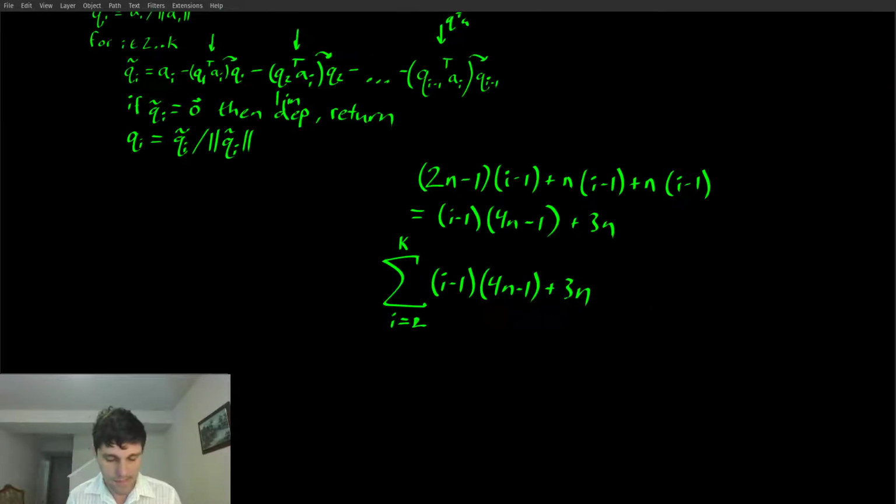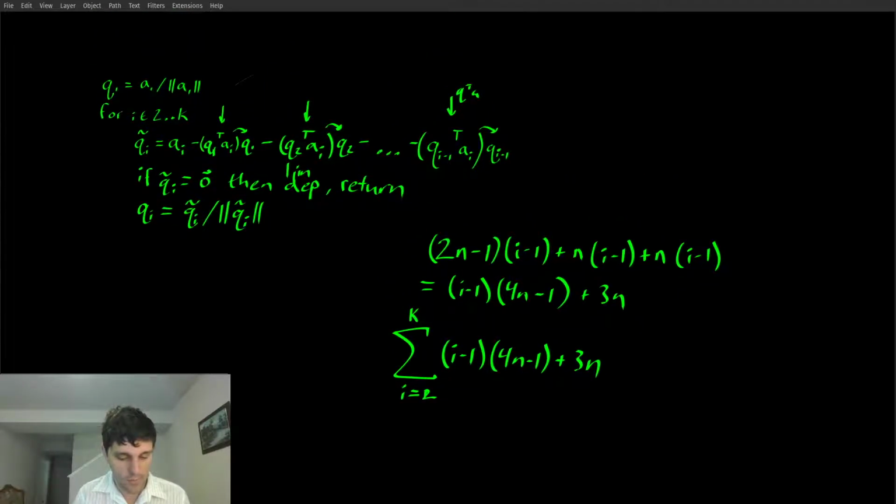But thinking about it, maybe we don't have to worry about this. Actually, it fits quite nicely, because if I start from i equals 1 instead of i equals 2, then at the i equals 1 term, i minus 1 is 0 anyway, so we don't do this work, which is true, we don't. But that 3n for doing the normalization, we do. So this sum is going to include that first one also. It's going to get all the normalizations, and it's going to get these.